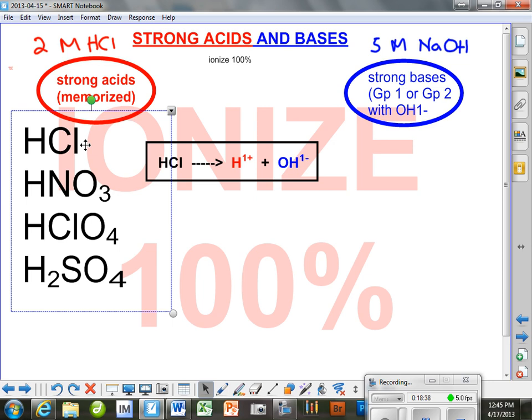If you haven't got those in your head yet, you want to write those down because those are important. There's not very many of them, so those are nice to know. And in fact, for your homework tonight, I think they give you all strong acids and strong bases.